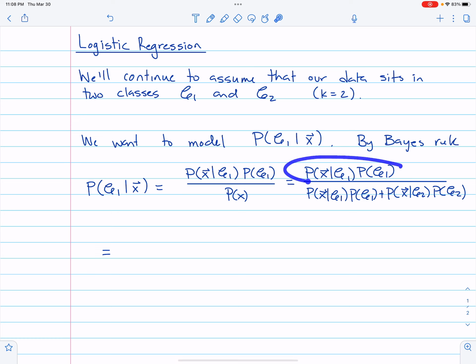Of course, when we do that, in the numerator we're dividing the numerator by itself, so we just get 1. Notice the first term in the denominator is exactly this thing here, so we're dividing that term by itself, and we get 1. And then the second term in the denominator is the probability of x given C2 times the probability of class C2, all over the thing that we're dividing by.